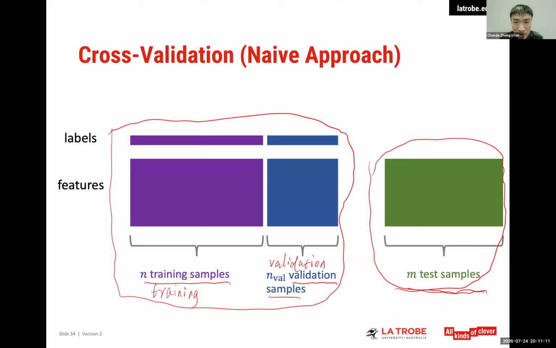Because after we train the model, we need to report the model performance to the public, right? So if I train the model and I'm proud of it, and I want to convince others that my model is good, I need to give a performance measure, and this testing dataset will be used to report such a measure. It is like the final exam score.